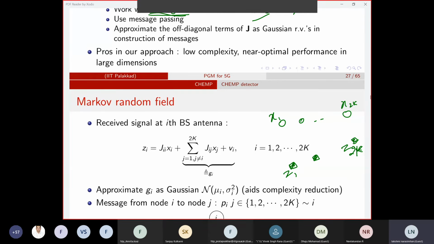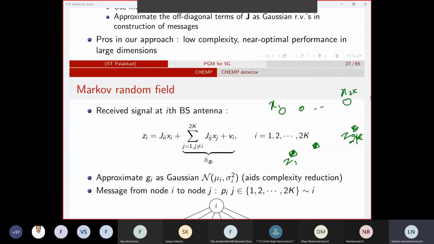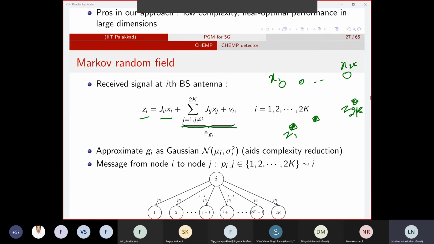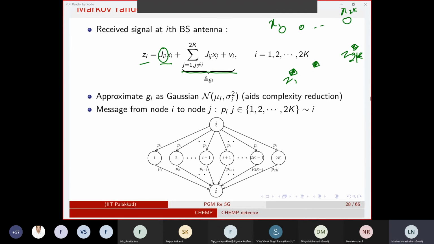We'll apply the same Gaussian approximation that we did before. We'll write the z_i's as some x_i plus the interference term, and for this interference term we use the Gaussian approximation and approximate it to be Gaussian. The J_ii's we can approximate to be 1.